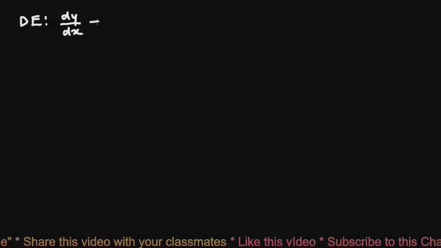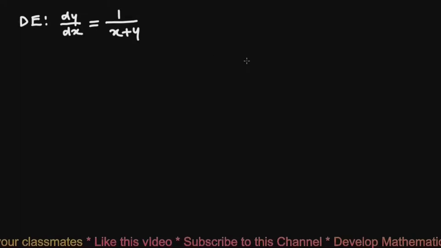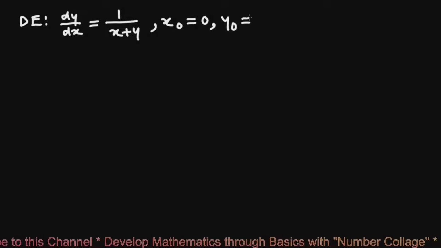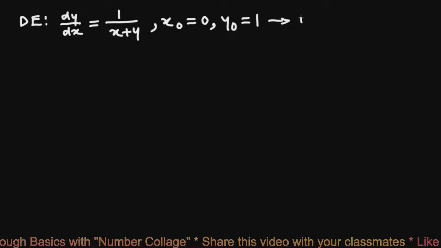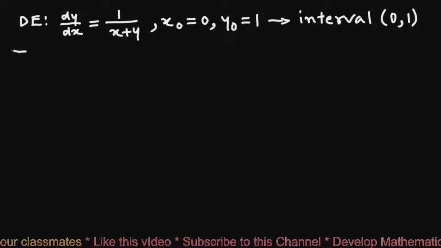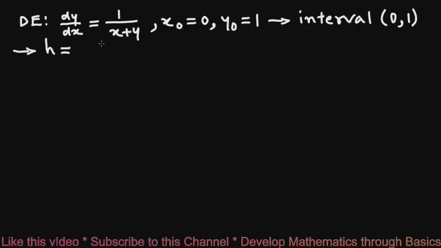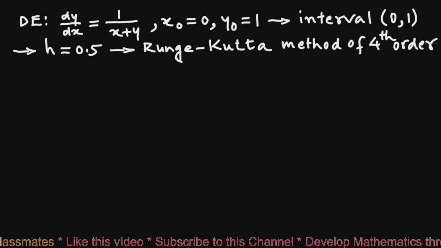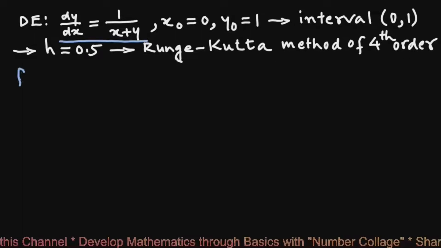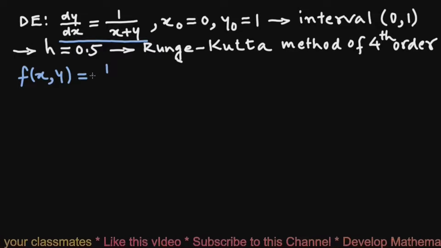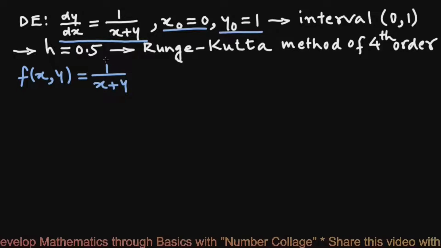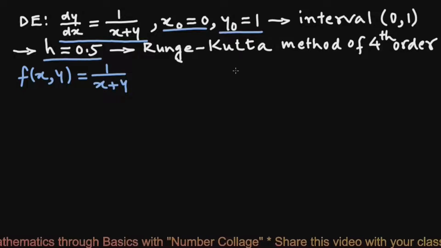Next we have to solve the differential equation dy by dx equals 1 upon x plus y, where initial conditions x0 equals 0, y0 equals 1, for the interval 0 to 1, and the step width h is 0.5, by Runge-Kutta method of fourth order. From this we have f of x, y equals 1 upon x plus y. x0 is 0, y0 is 1, and step width h is 0.5.